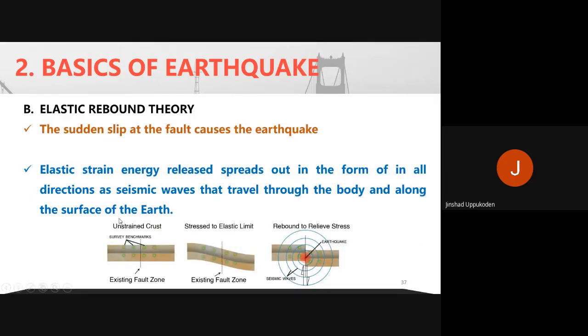As two tectonic plates move here, you see in the first case the plate tends to bend. Sometimes what happens is that the strain energy gets collected within the materials of the solid.